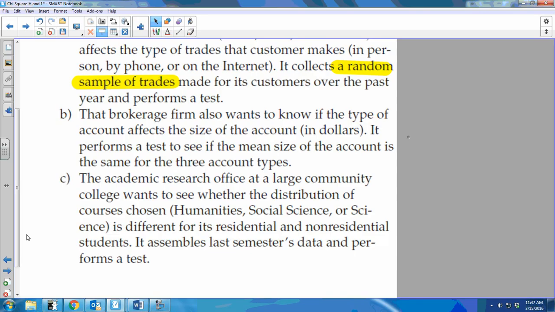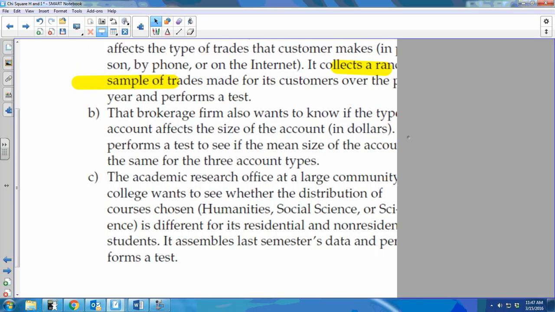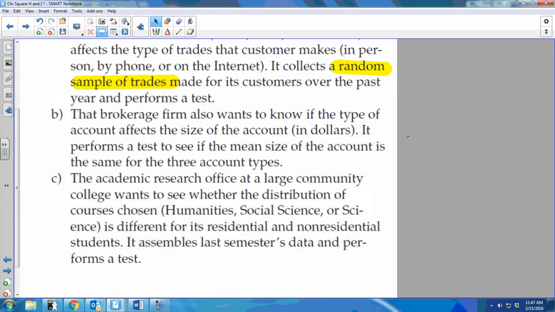Some other, because you don't have categorical variables. Size of the account in dollars is a quantitative variable. So be careful with that. You have to have categories because you have to be able to put this into a table of categories, right? So that is an other test.